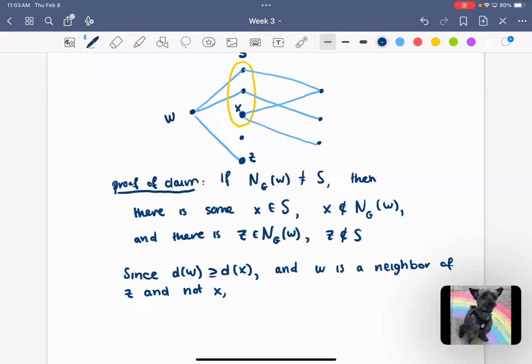I think I have this backwards. I think I want this to be... I think this is how we want this to be. So we know that X has degree greater than or equal to Z. Right, okay, so what am I looking for?